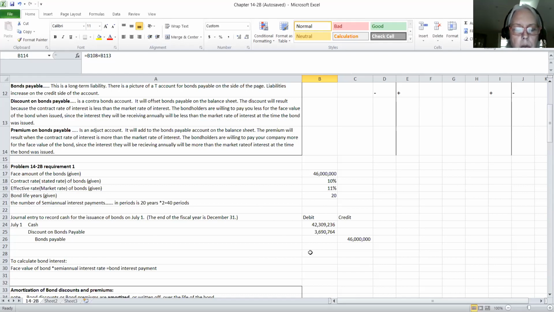So study over this Excel spreadsheet. It certainly will help you, and I'll make that available to you to look at and to print off if you want to. So bear with me for just a minute. I'm going to stop sharing my screen with you, and I'm going to go to Cengage, and we're going to start flipping back and forth.